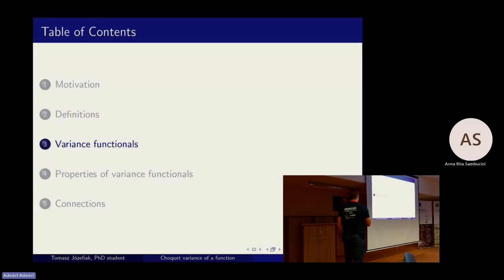The title of my presentation is Variance Functionals. So how can we get the variance from that? We know the Shortcut integral generalizes the standard expected value, so we would like to get a variance functional which would generalize the standard probability variance to the case of monotone measures.